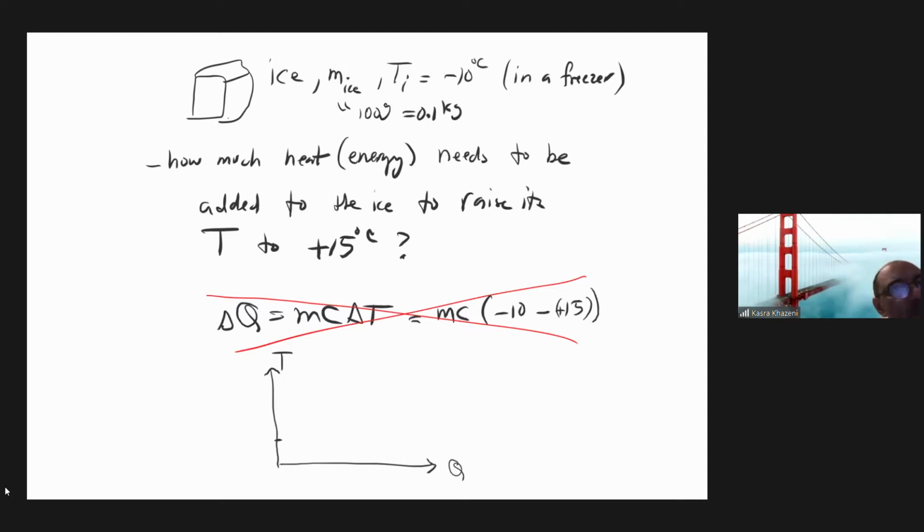We are at -10 to begin with, and I'm going to add heat until it gets to 0. While it's at 0, I'm adding heat, but the temperature doesn't change. We already talked about that yesterday. But once it's completely melted, then it goes to a higher temperature. And I want to get it to 15 degrees.